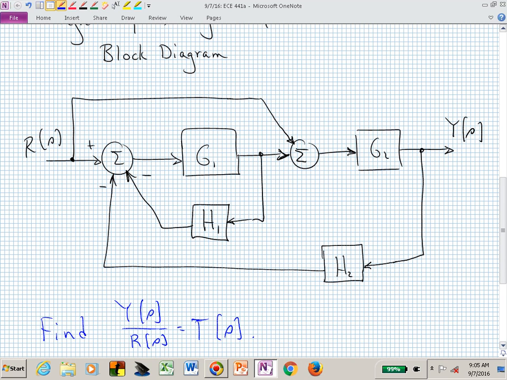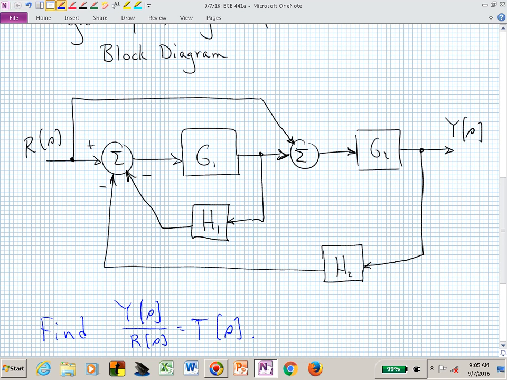And last time, what was one particular strategy that I suggested you might want to employ to work these? Okay, so we may want to be labeling the outputs of the summing junctions, label that signal, and write some equations in terms of those labeled signals that are the outputs of our summing junctions.